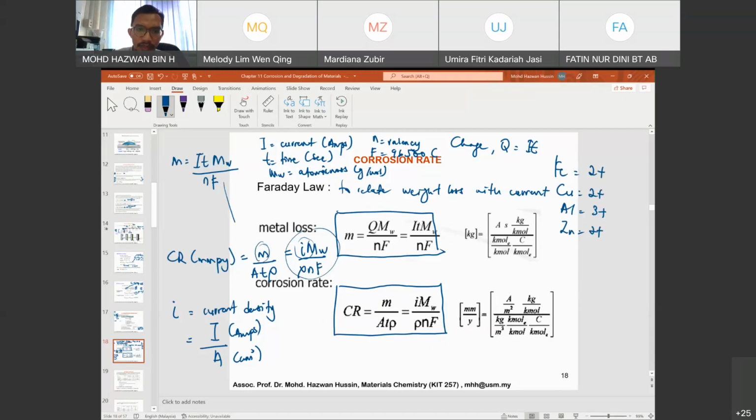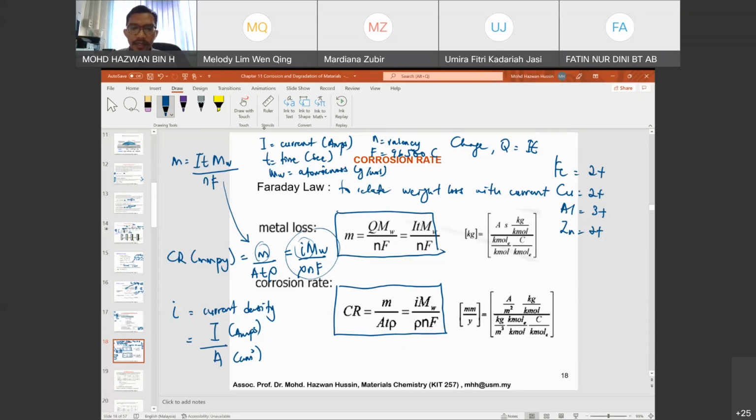If you substitute, you will have capital I over area. Current over area, as I said, equals current density. So that is why you substitute here. MW will remain, time with time will cancel off, leaving out the rho and F. So that is why it is simplified and you get this.